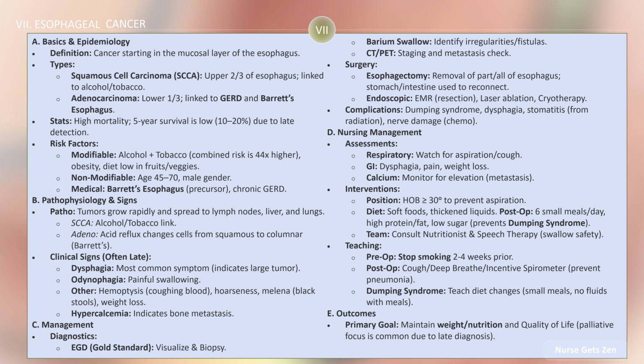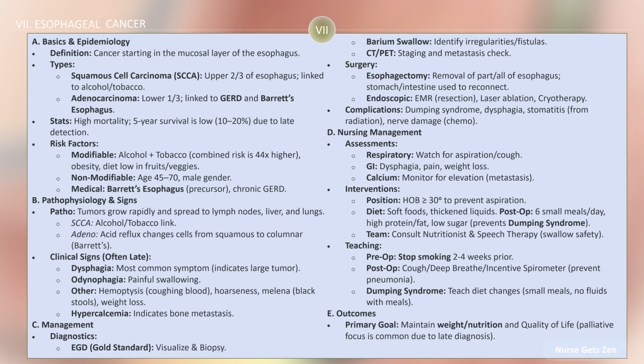It's the gold standard to visualize and biopsy. Also barium swallow, CT, and PET scan. Surgery: the esophagectomy. The endoscopic complication is dumping syndrome.